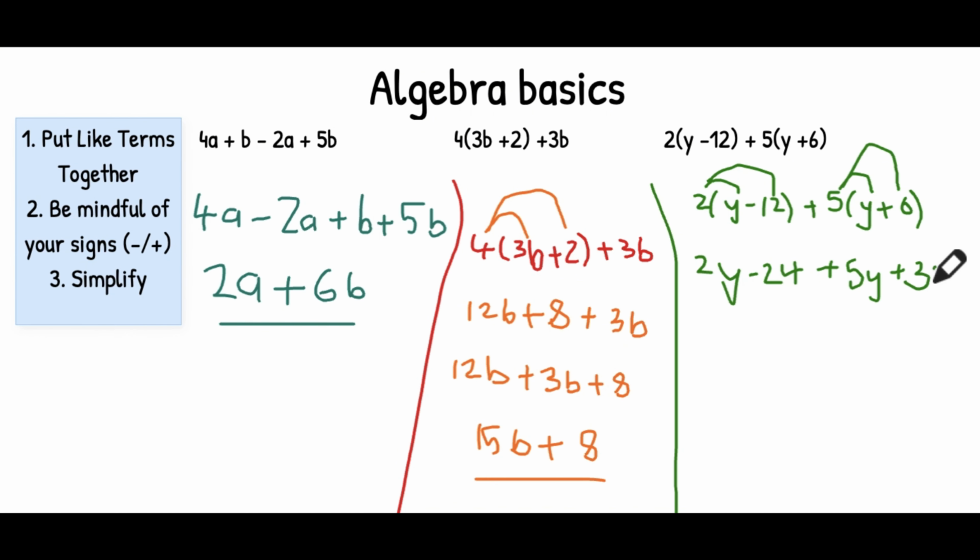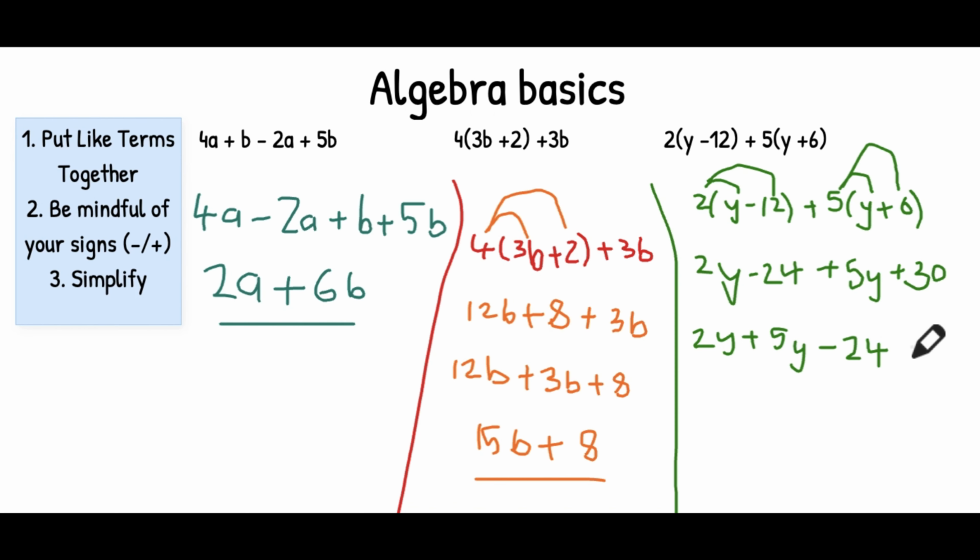All right, then remember our rules of algebra: put like terms together. So 2y and 5y are brothers, we put them together there. 2y plus 5y. Then negative 24. Remember, second rule, be mindful of the signs. You take it with its sign.